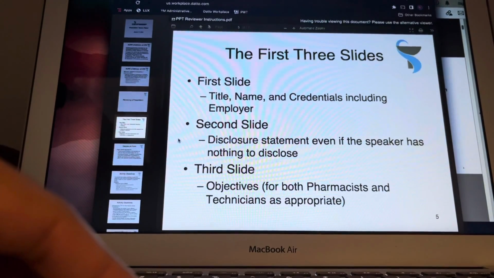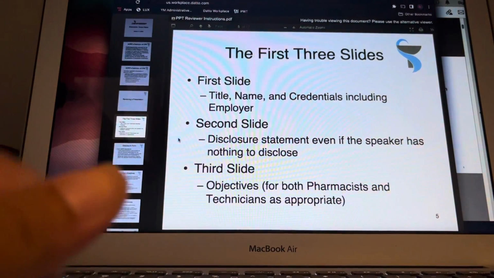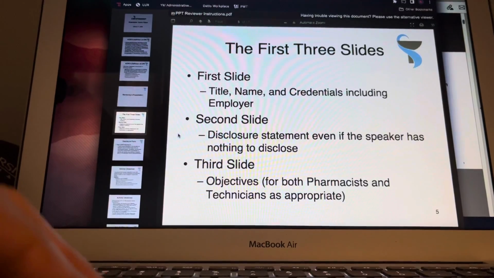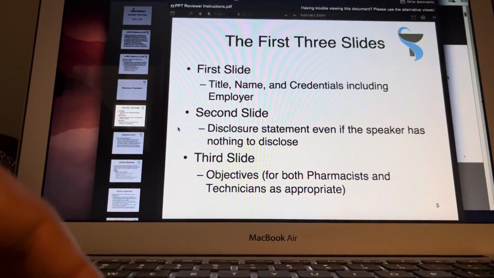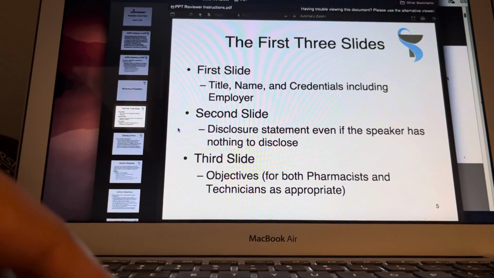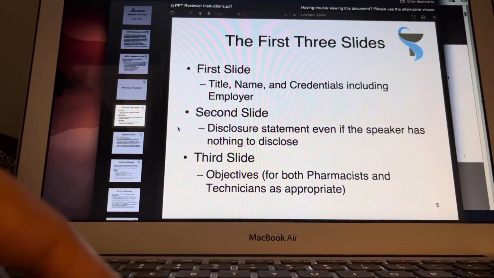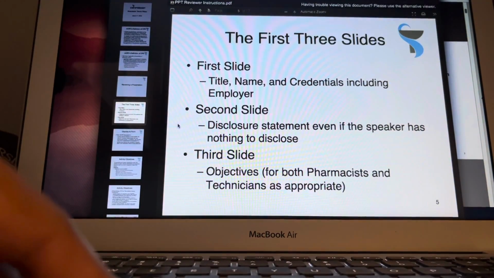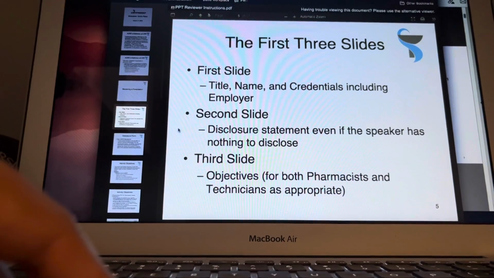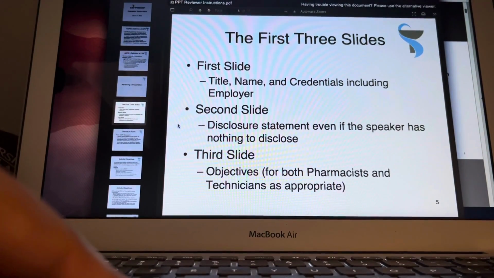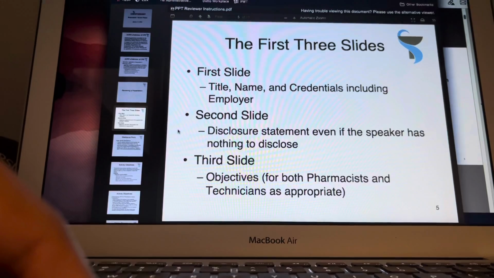The first slide is title, name, and credentials, including the employer of the speaker. The second slide should contain a disclosure statement, usually in 1 sentence. Even if the speaker has nothing to disclose, this disclosure statement must be visible. And the third slide should list objectives.